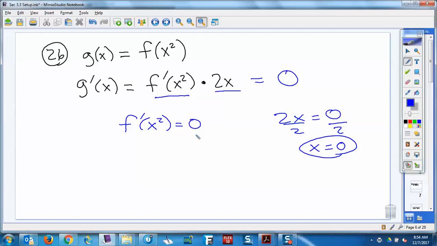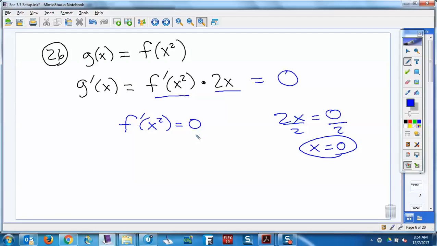2. Now, this has never been important before, but it is now. Normally, we would say when X is 2, because normally we have F prime of X here. But we don't. So now let's use the word input instead. So when is F prime 0? When the input is 2.